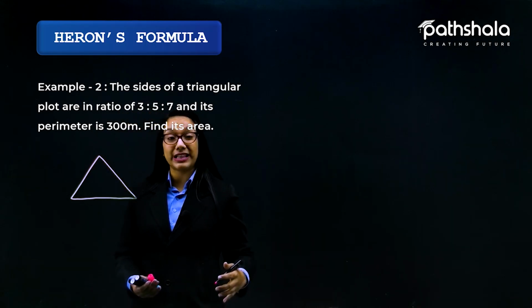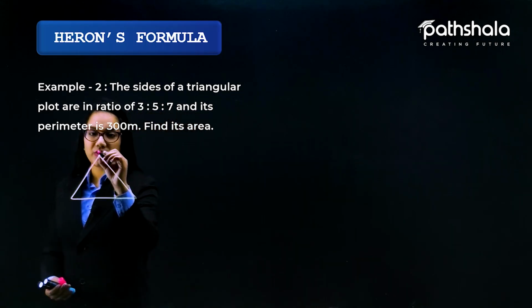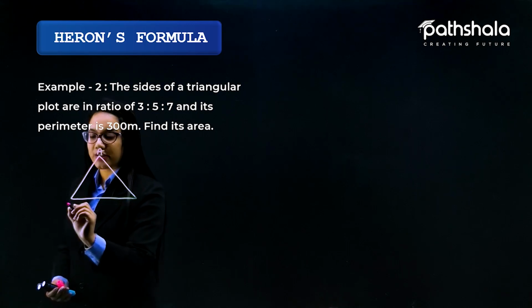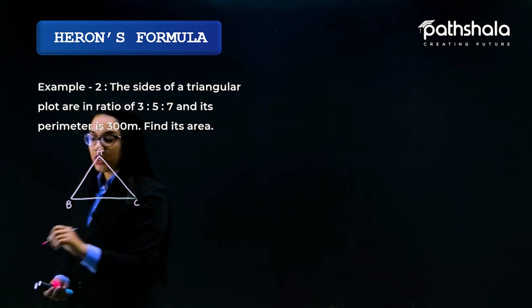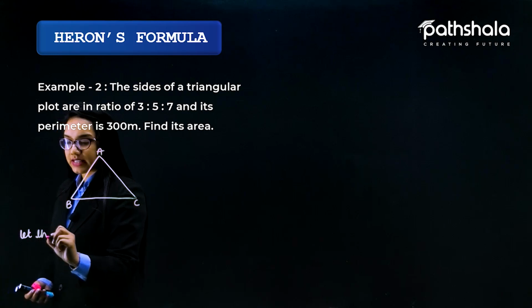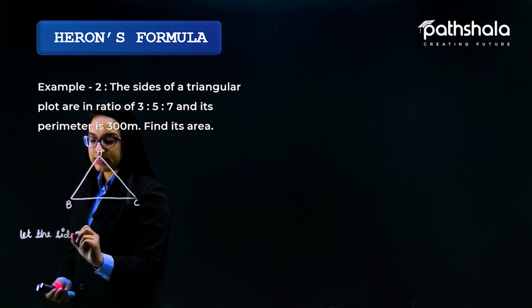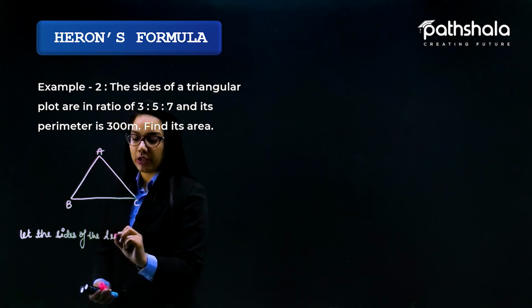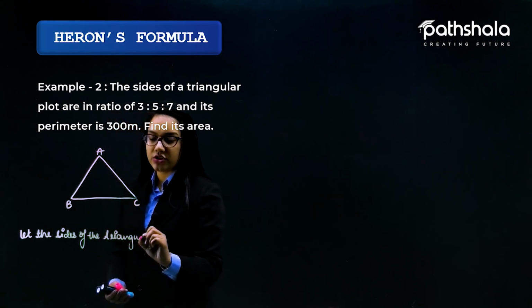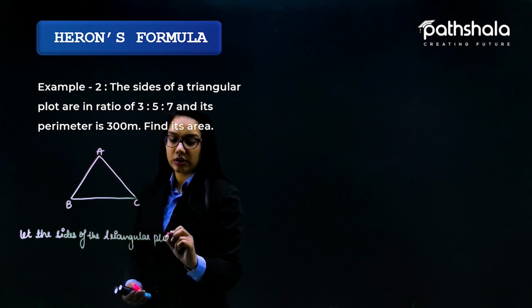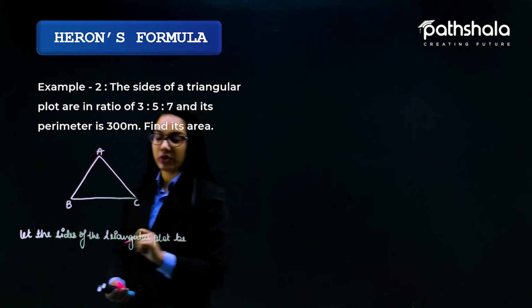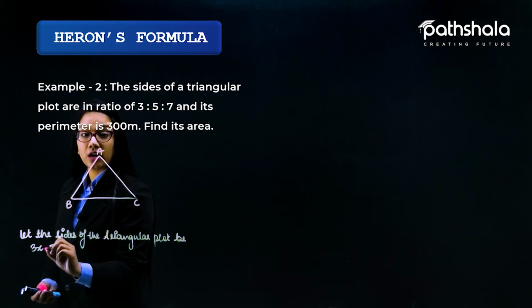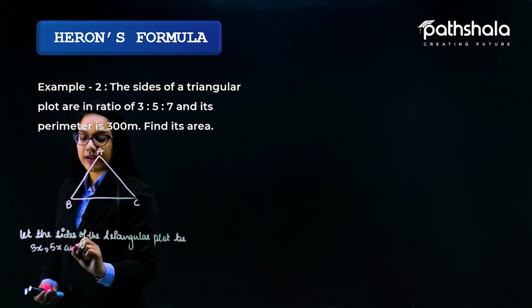The sides of the triangular plot are in the ratio 3:5:7. Let the vertices be A, B, C. Let the sides of the triangular plot be 3x, 5x and 7x.